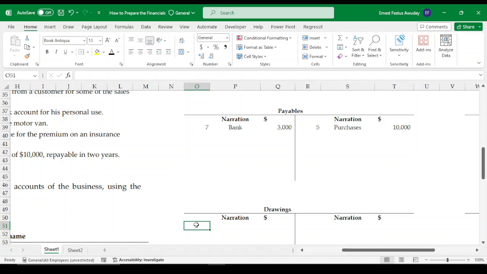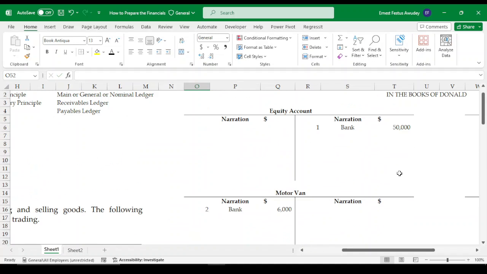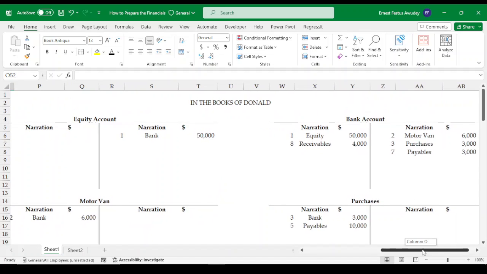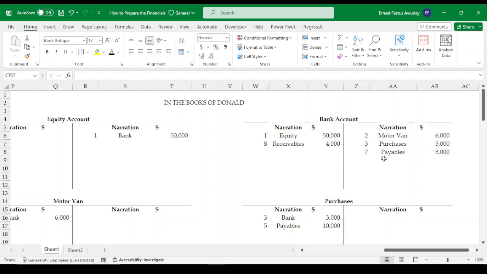So I'll come here and write 9, and I'll have bank. Sorry, so I have my bank, and the amount involved is 1000. So quickly I'll scroll to my bank account right here, and it has reduced. Therefore, I'll have 9.